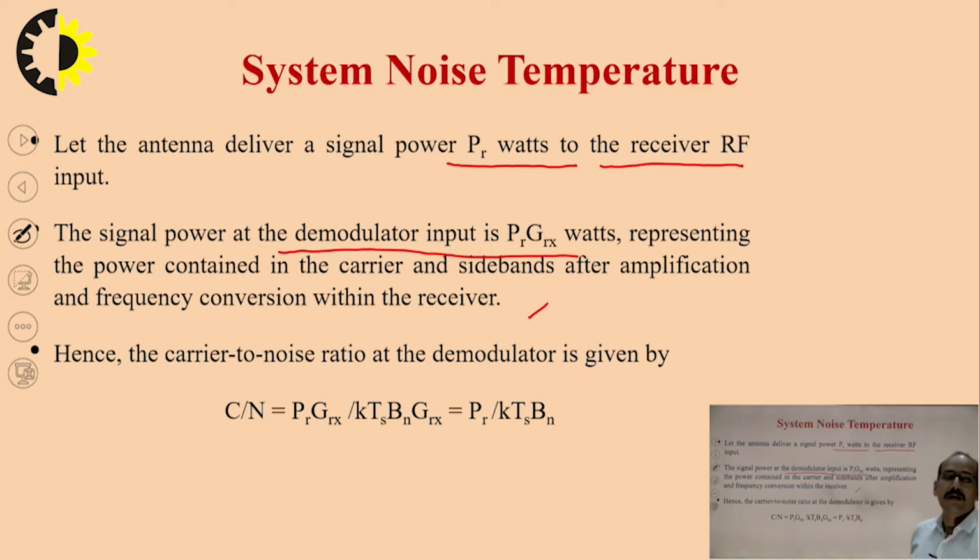Hence, because I told you, you are always going to find the C by N ratio, the carrier to noise ratio at the demodulator is given by C by N is equal to PR GRX upon kTsBn GRX, which is equal to PR upon kTsBn.